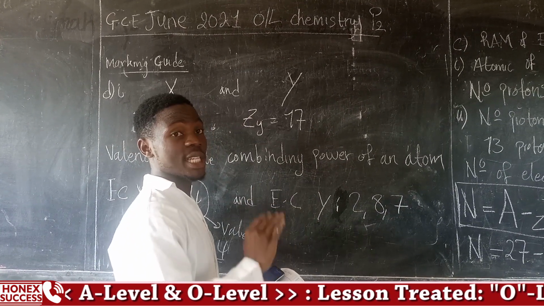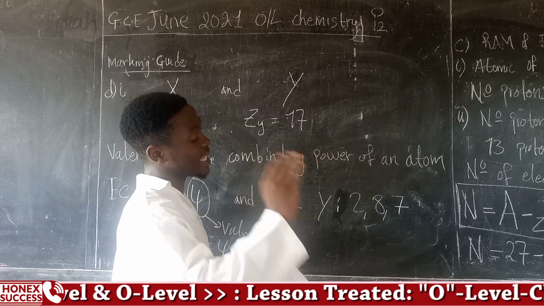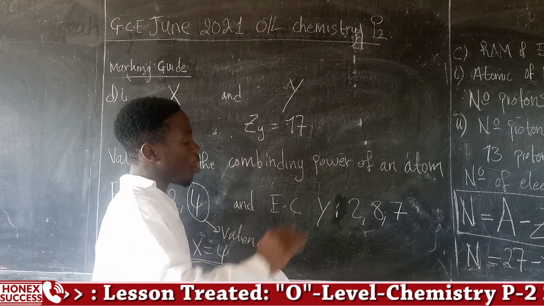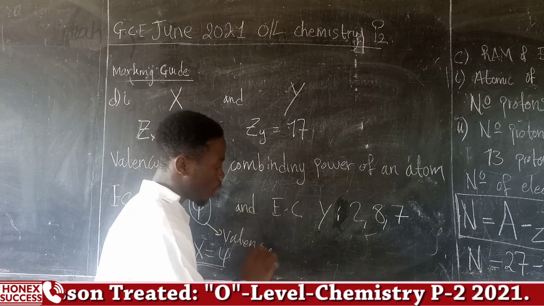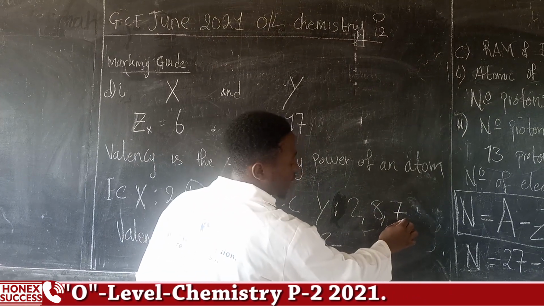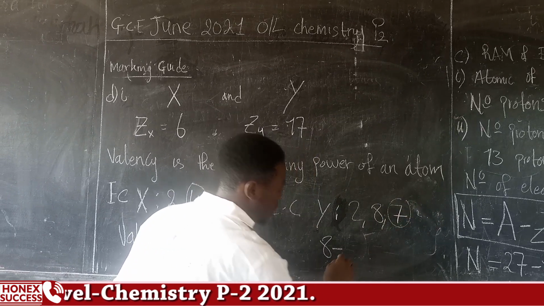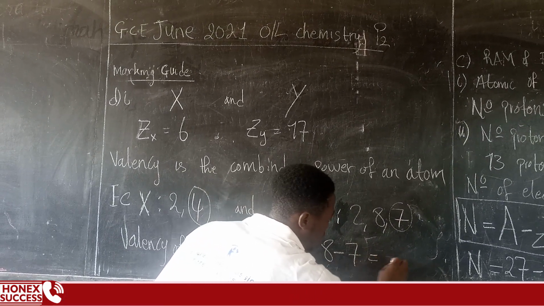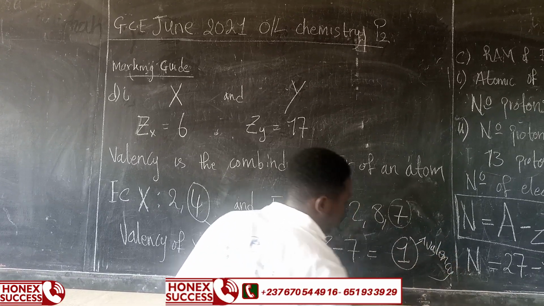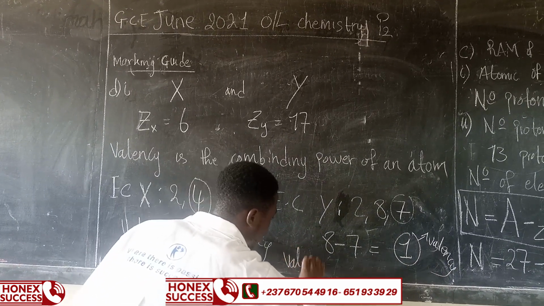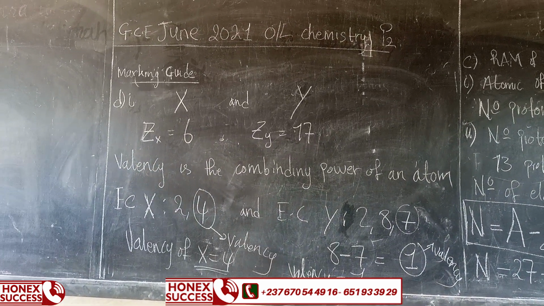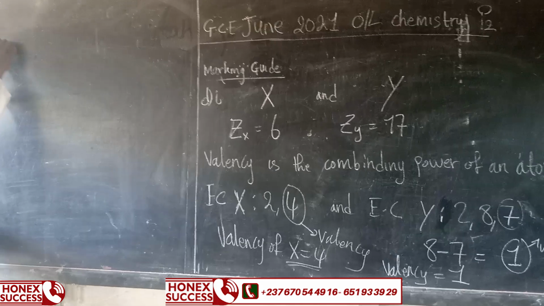So we are using the notion that once the number of valence electrons on the outermost shell is greater than 4, we use the total number of electrons that will make that element complete, which is 8, and subtract the actual number of electrons present, which is 7, and this gives us an answer of 1. So this 1 is the valency of Y.